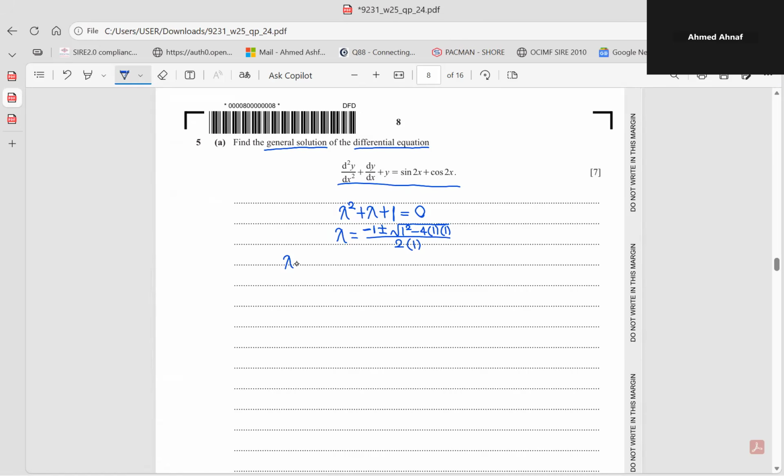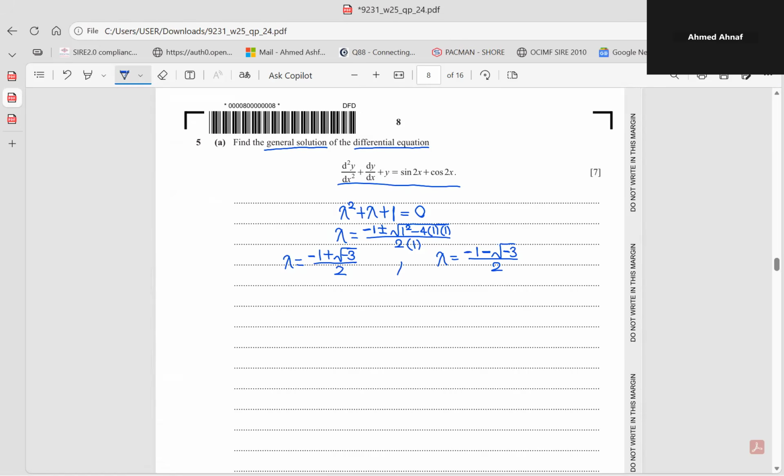So this is going to be minus 1 plus minus square root of 1 squared minus 4, that is square root of negative 3, over 2, and lambda equals negative 1 minus square root of negative 3, over 2.